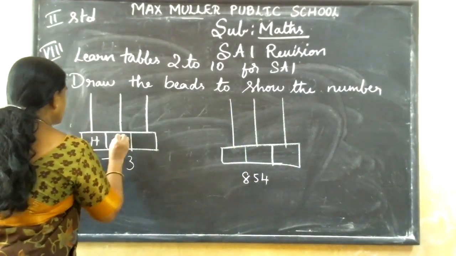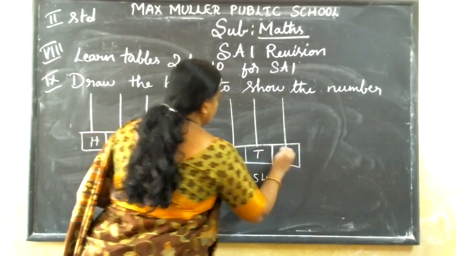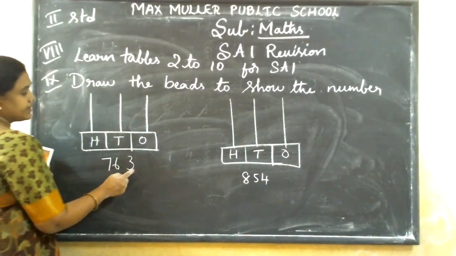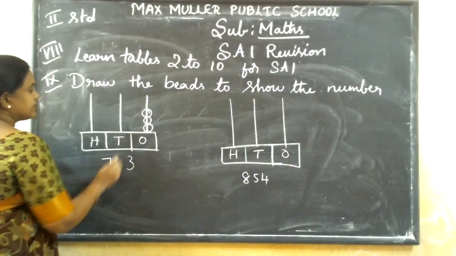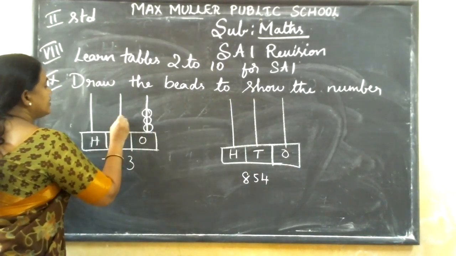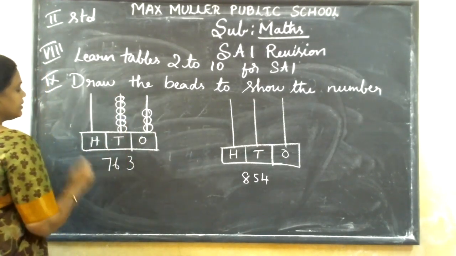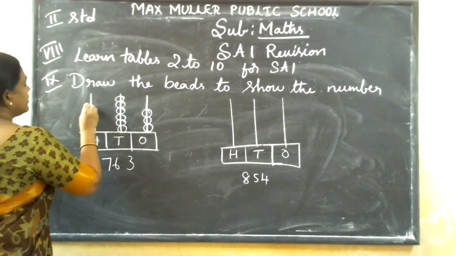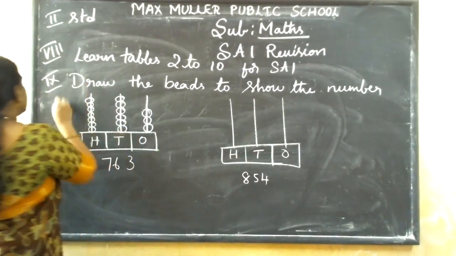Your hundreds place, tens place, ones place. See, the given numbers now, children. In ones place, 3 is there. You want to draw the beads. 3 beads you want to draw. Tens place, 6 is there. 1, 2, 3, 4, 5, 6. In hundreds place, 7. 1, 2, 3, 4, 5, 6, 7. Say first one is this one.